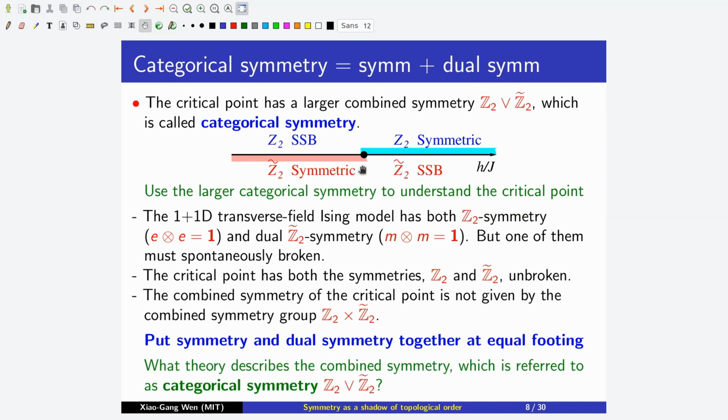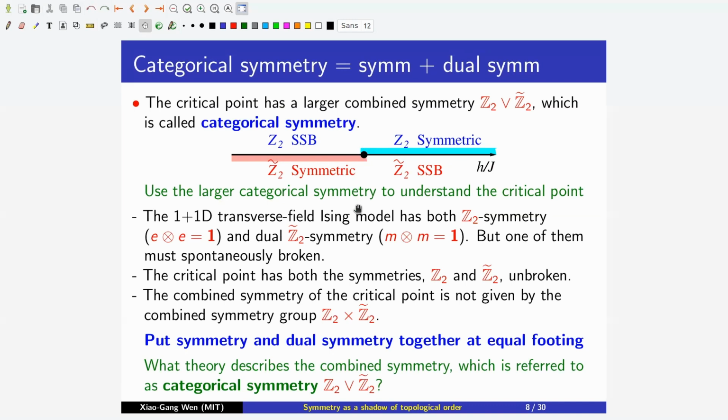And actually the critical point has strong fluctuation of both a symmetry charge and a dual symmetry charge. So both symmetries are effective. And actually, this is the main motivation why you want to put two symmetries together. Because maybe if you only use Z2 symmetry to look at the critical point, that just gives a partial picture. If you take both symmetries, we may get a new understanding of the critical point. We may make some progress because we combine two symmetries together.